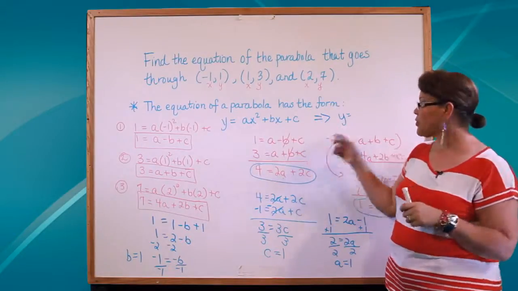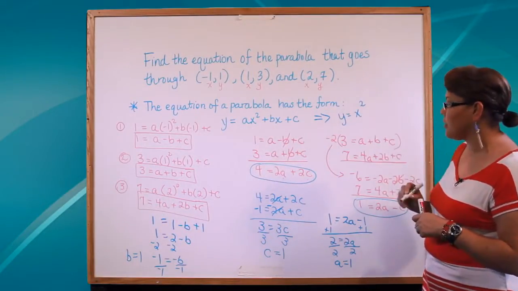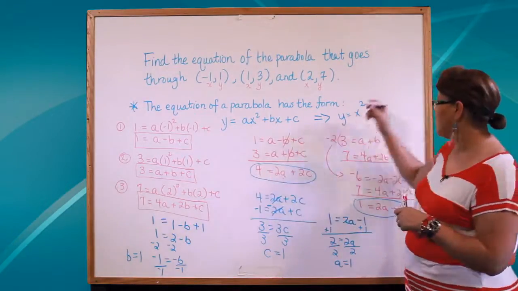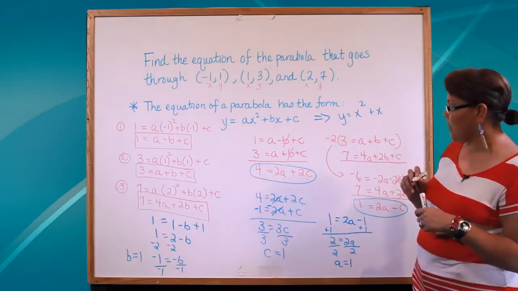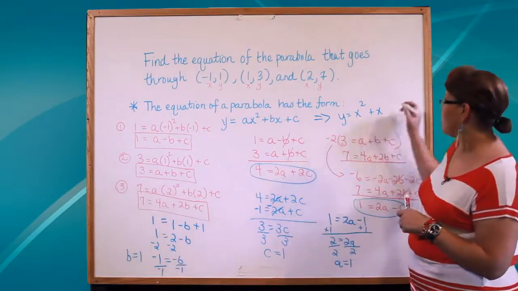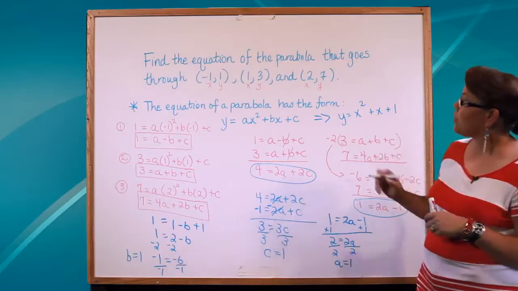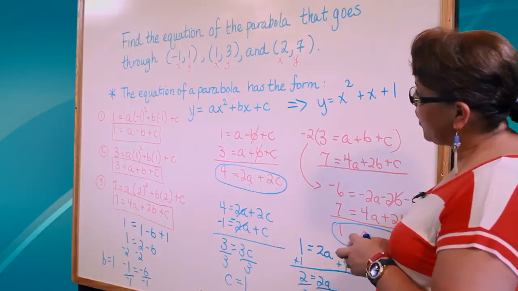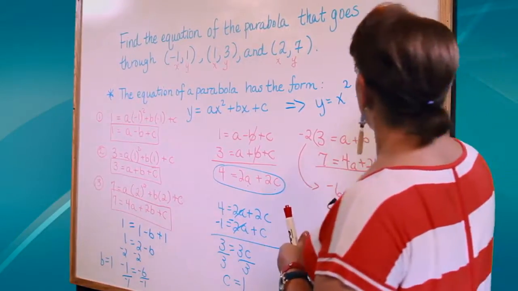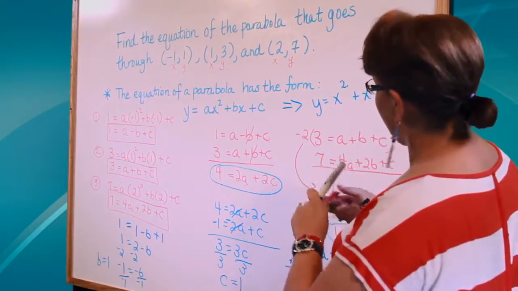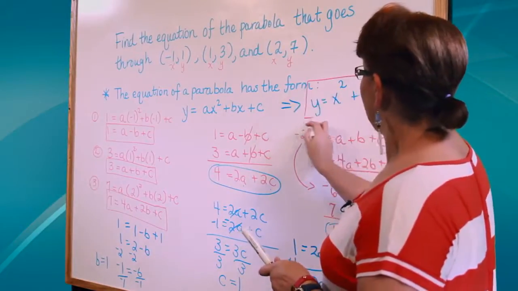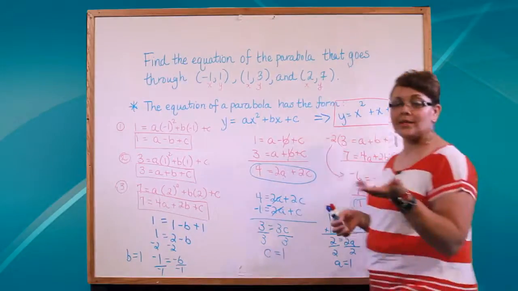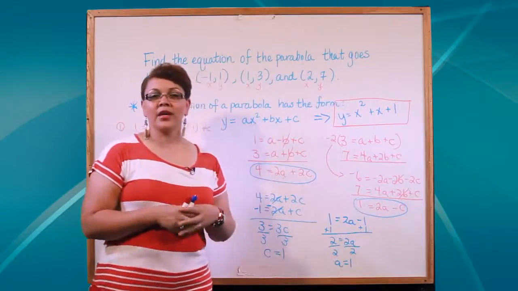So the 1 is understood, so that would just be x squared, plus we found that the value of b is 1, x, and then we found that the value of c is also 1. So the equation of the parabola that goes through -1, 1, 1, 3, and 2, 7 is y equals x squared plus x plus 1. And that is how you find the equation of the parabola when given 3 points.